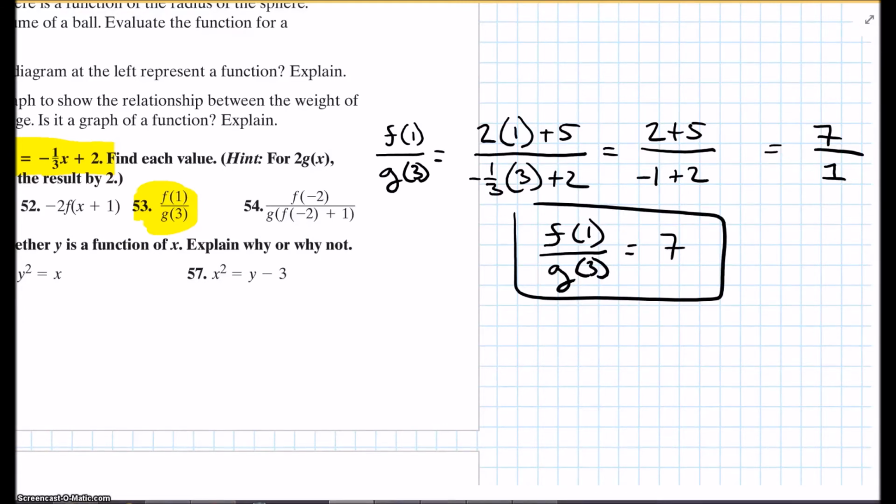All right, so that pretty much sums up everything we're going to do on lesson 2-1. Now, let's move on to 2-2.